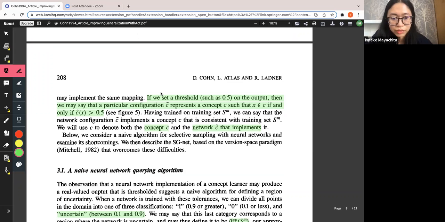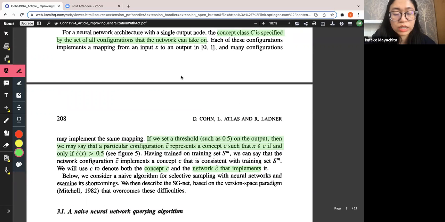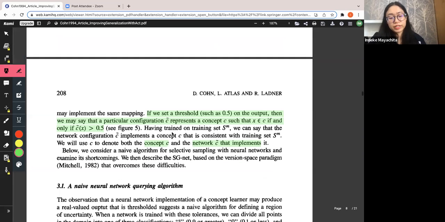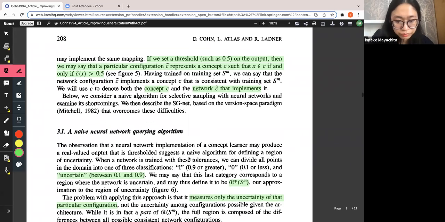seeing the chat, sorry. So yeah, each configuration of the network is the representation of each concept.